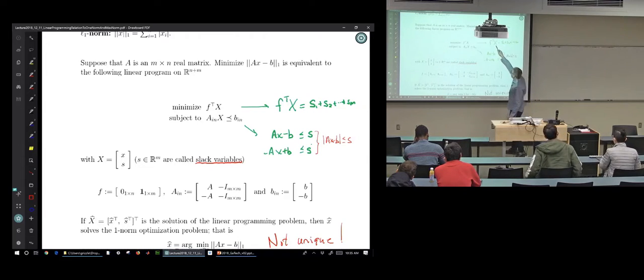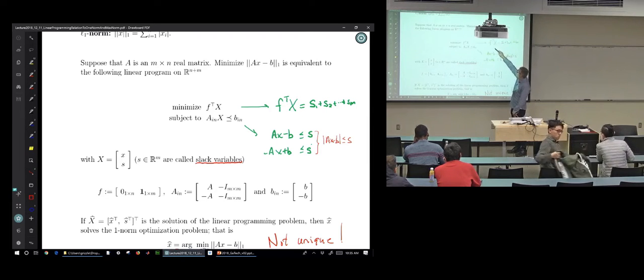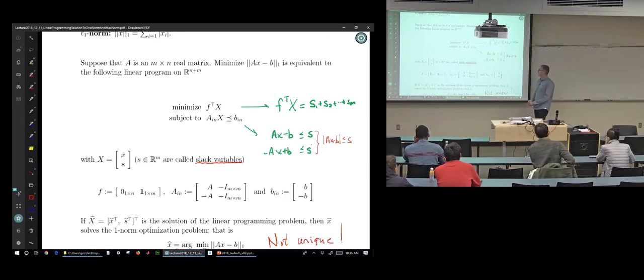Okay, so we want to find X that minimizes the sum of the absolute values in the error of the equation.